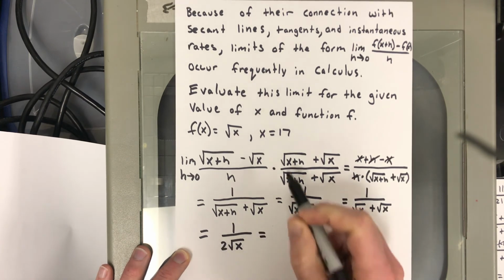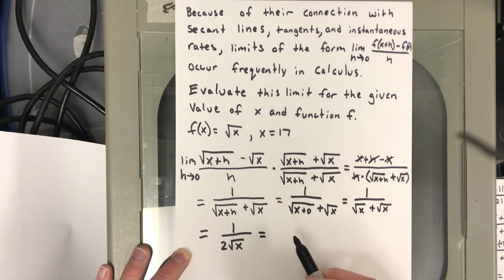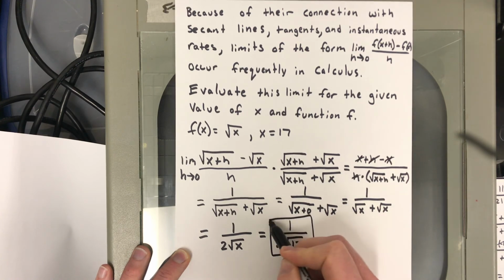And then I want to evaluate this for x equals 17, because I'm trying to find that instantaneous slope, that tangent slope. So it's 1 over 2 square root of 17. So this is going to be my instantaneous slope for that point.